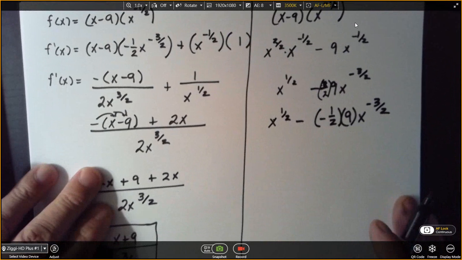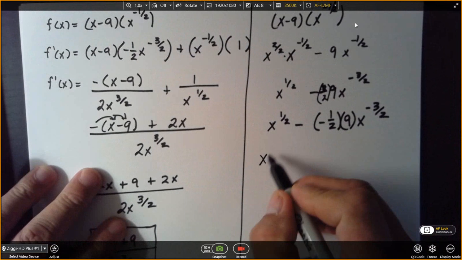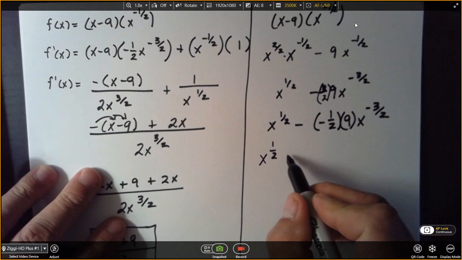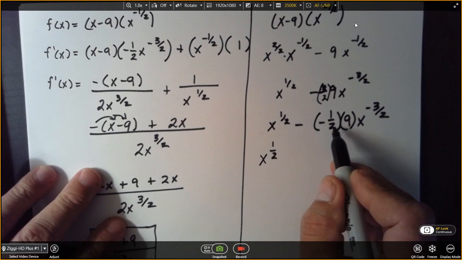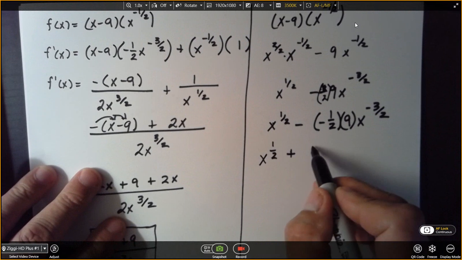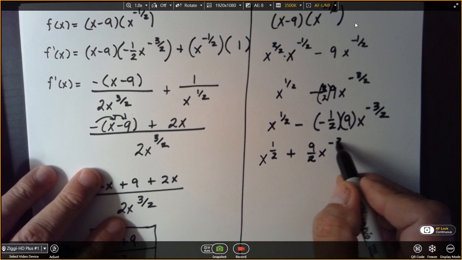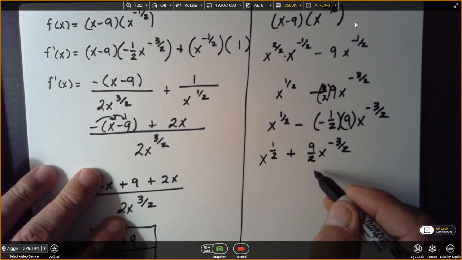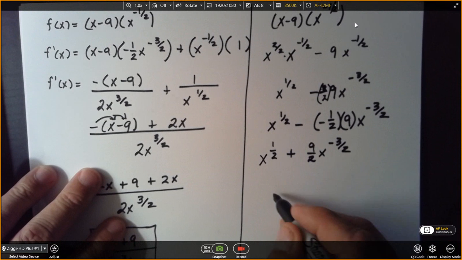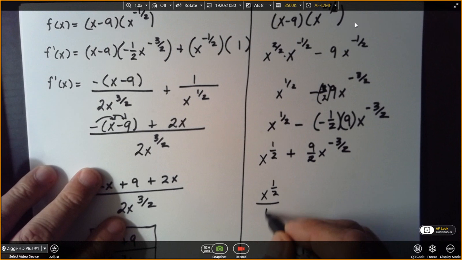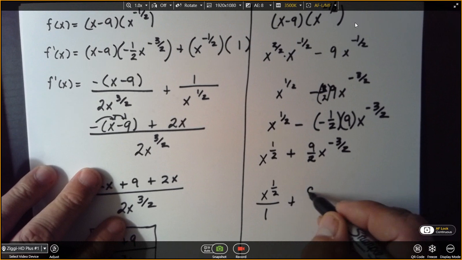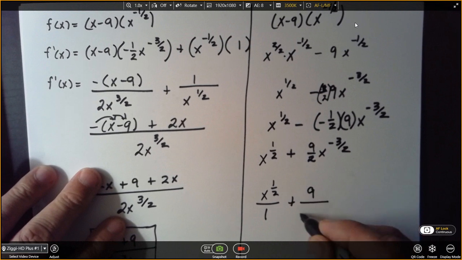Okay. Now x to the 1/2 minus, that's going to be a plus 9/2 x to the negative 3/2. Now of course this can come downstairs, and that's going to be x to the 1/2 over 1 plus 9 over 2x to the 3/2.